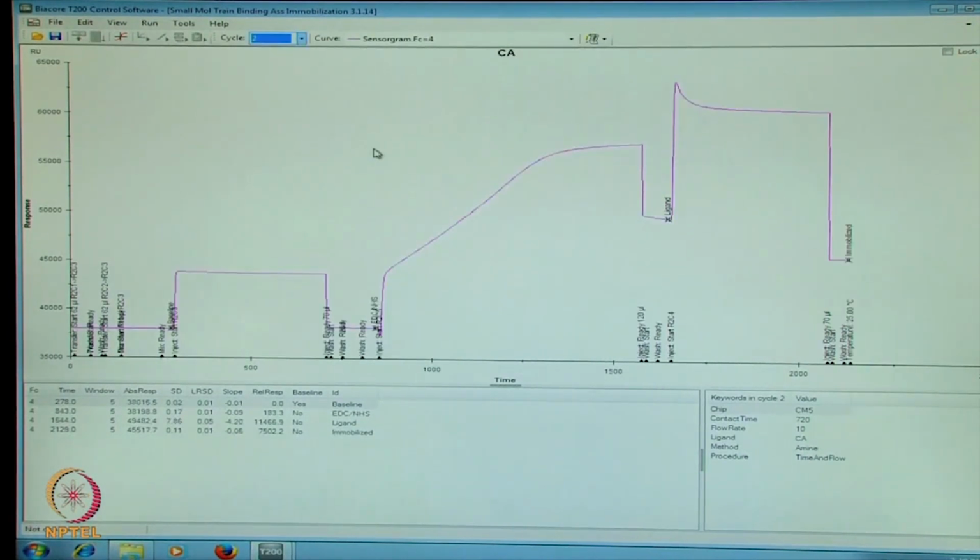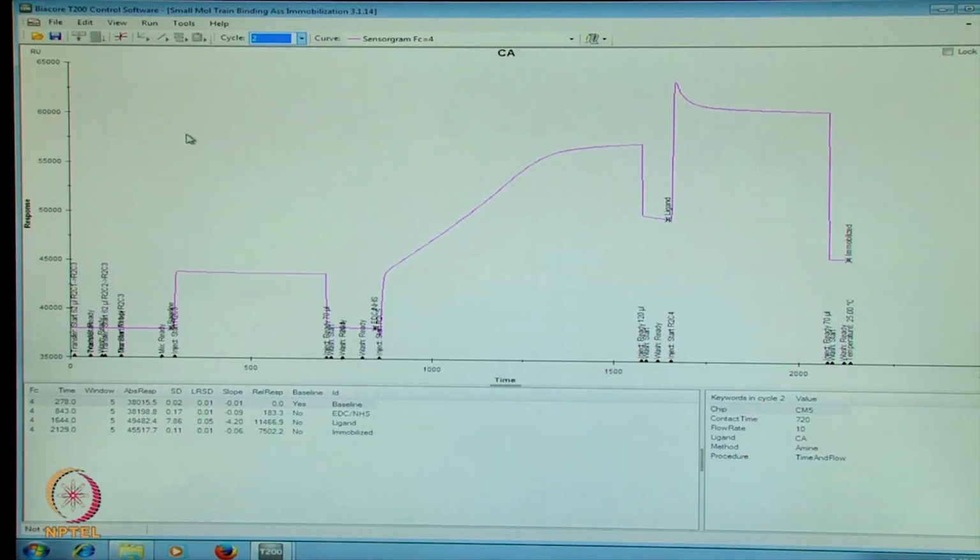On cycle 2, similarly you have activation with EDC NHS mixture, passage of ligand and blocking of the surface with ethanolamine to reach an immobilization level of 11,466.